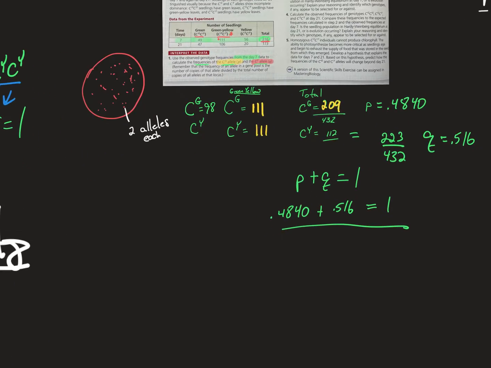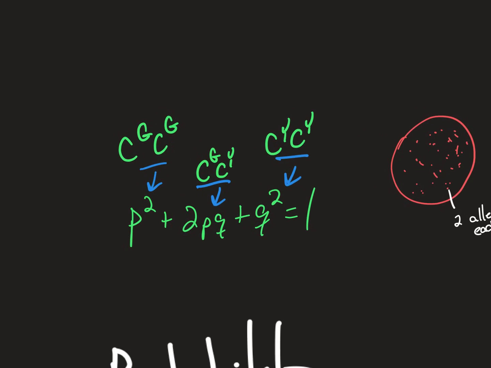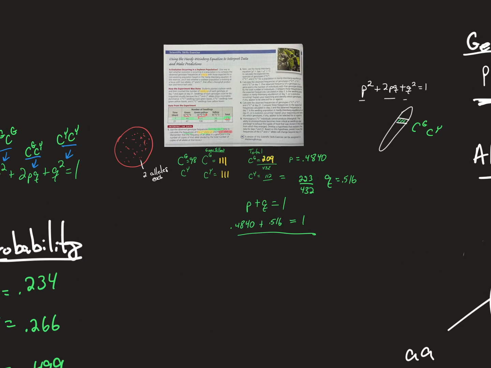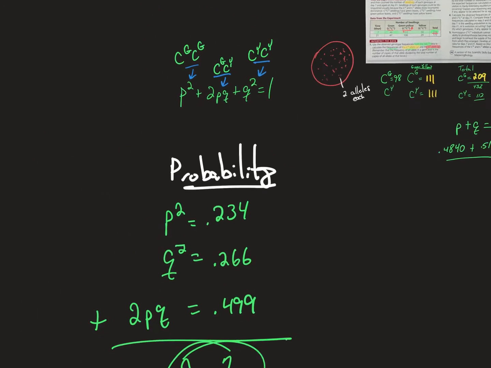All right, so that gives us our P and our Q. Then we use this formula. This is what it predicts, if we have that many alleles. This is the frequency of the alleles, right? Then we put them into this equation.